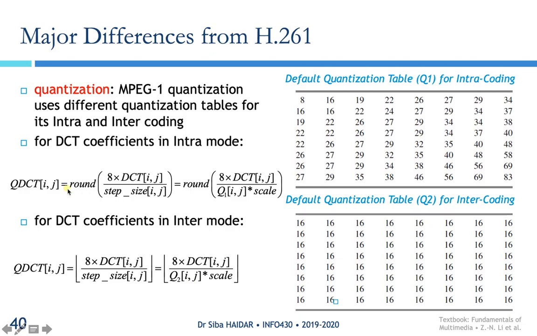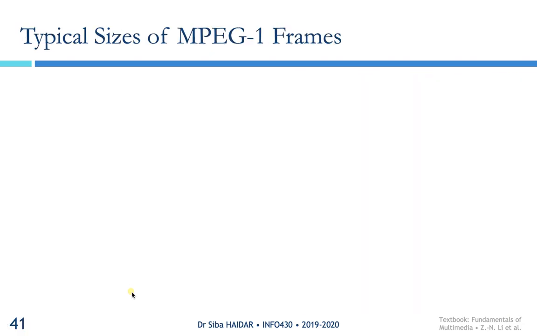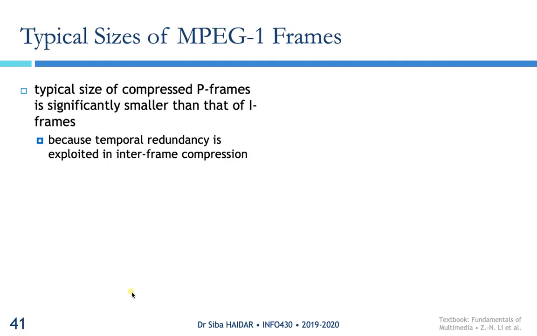And this is the formula for the intra mode, which gives the rounding, and the inter mode is the lower bound. So this is also a major difference between MPEG-1 and H.261.